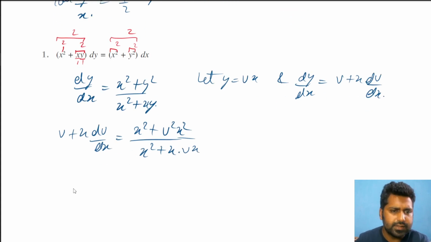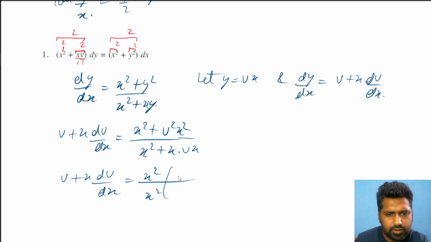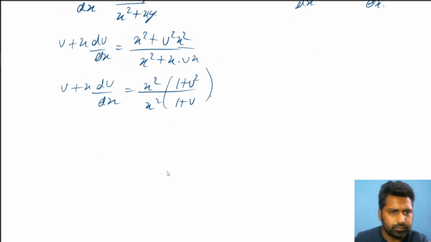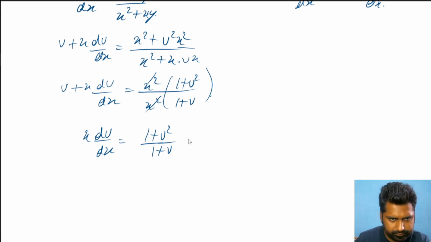I'm replacing this. Now v plus x dv by dx. Take x square common. Denominator also has x square. I told you this function will always become a function of v only. So 1 plus v square upon 1 plus v. So x dv by dx is equal to, x square cancels, 1 plus v square upon 1 plus v minus v.